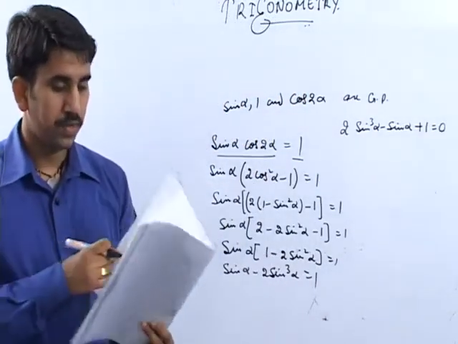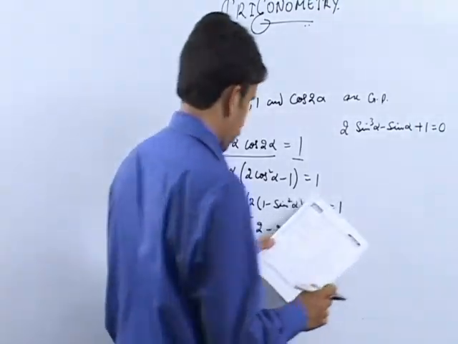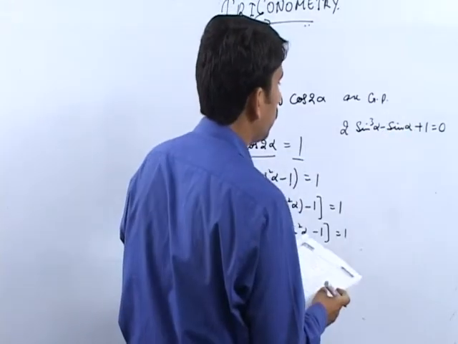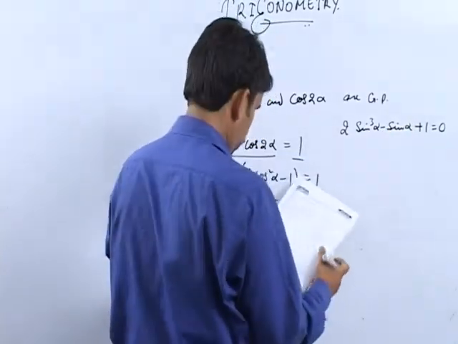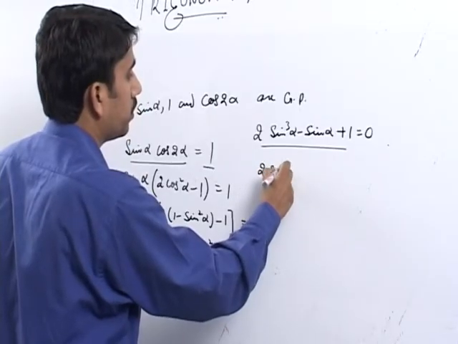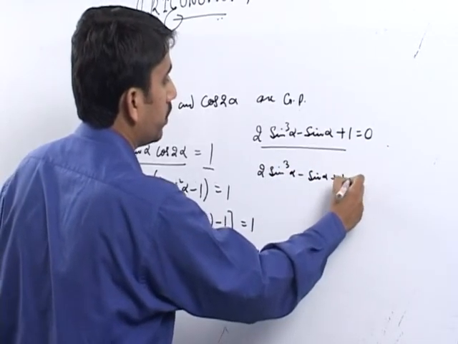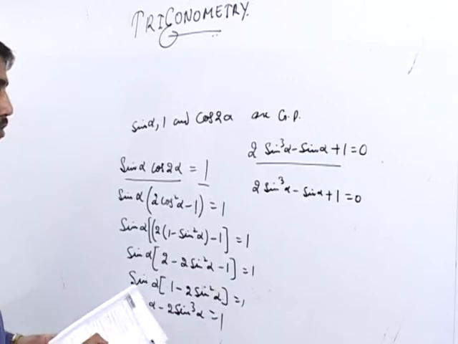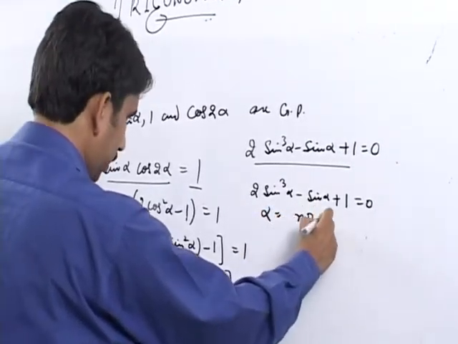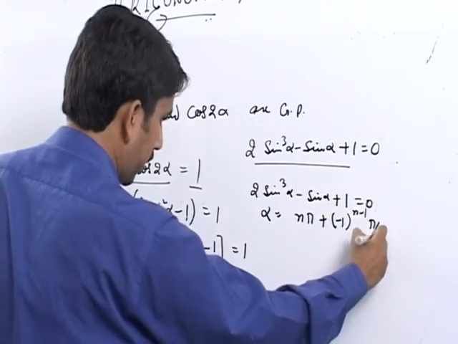Now, if you take the factors of this, this is 2 sin cube alpha minus sin alpha plus 1 is equal to 0, and when you solve it, you will get alpha is equal to n pi plus (minus 1) raised to n, minus 1, pi by 2.